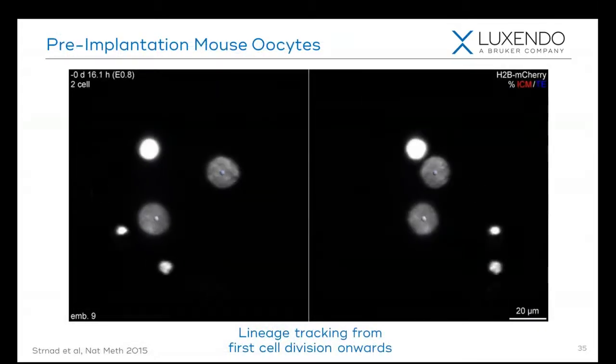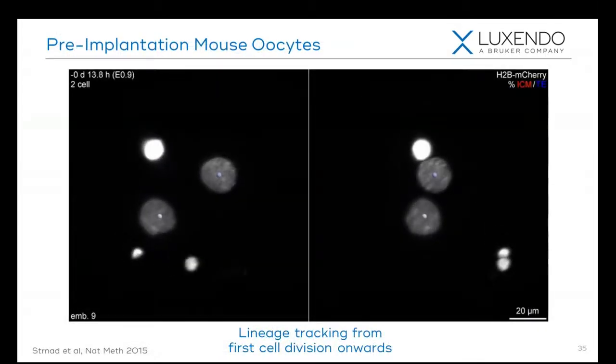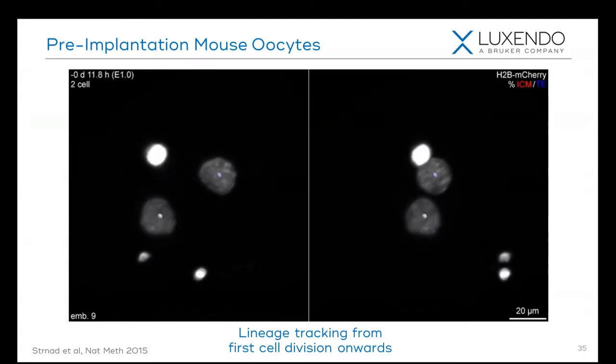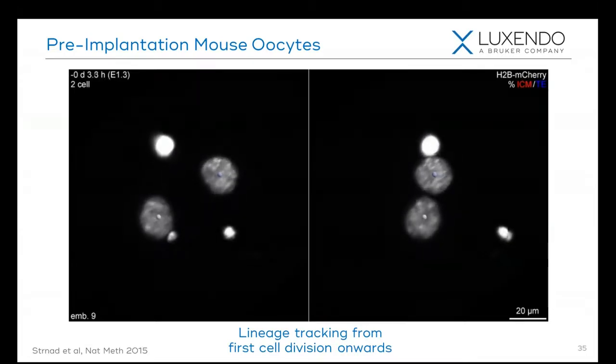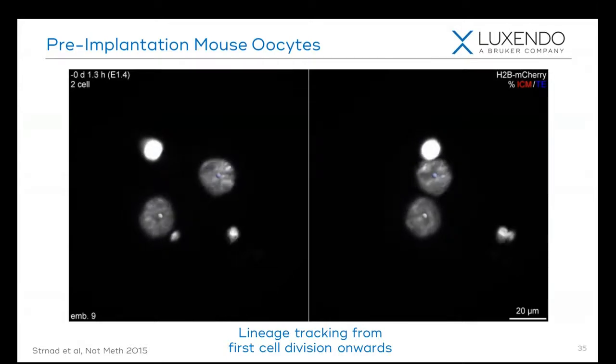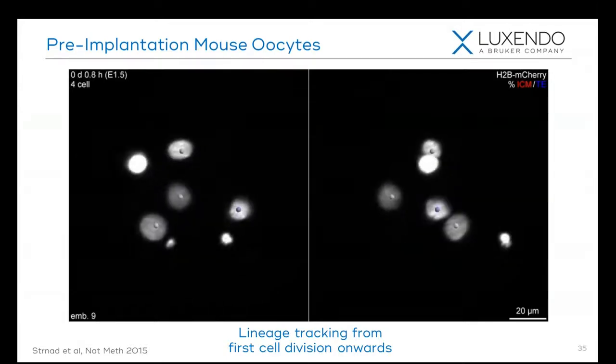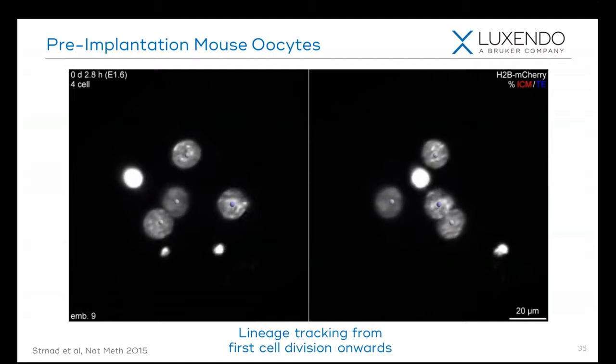watching mouse oocyte development. And so here, what this experiment is showing is the high temporal resolution of the light sheet and the low phototoxicity. We're watching this mouse embryo develop from the two-cell stage, and we're going to watch this development for 3 days until it hits the 63-cell stage.